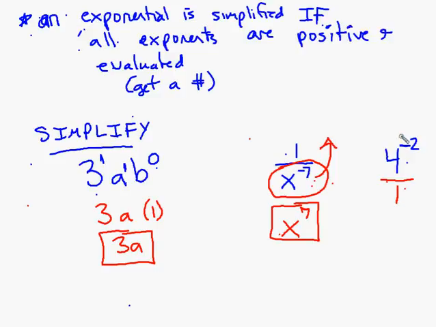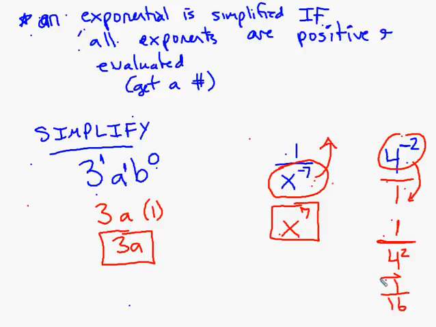You would put the 4 to the negative 2 on the bottom. When I have a negative exponent, I move it up or down. So when I move it down, now let's keep our fraction bar. What would be in my numerator? And what's in my denominator? 4 squared. So when I move it up or down, it switches sign. So I get 1 over 16.